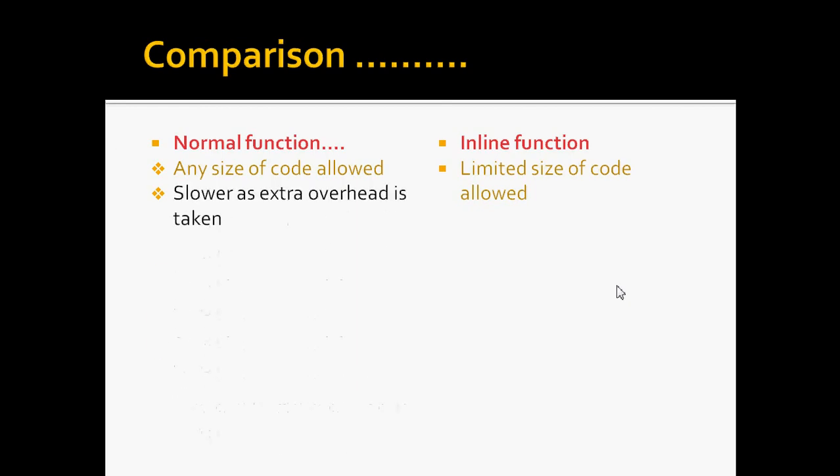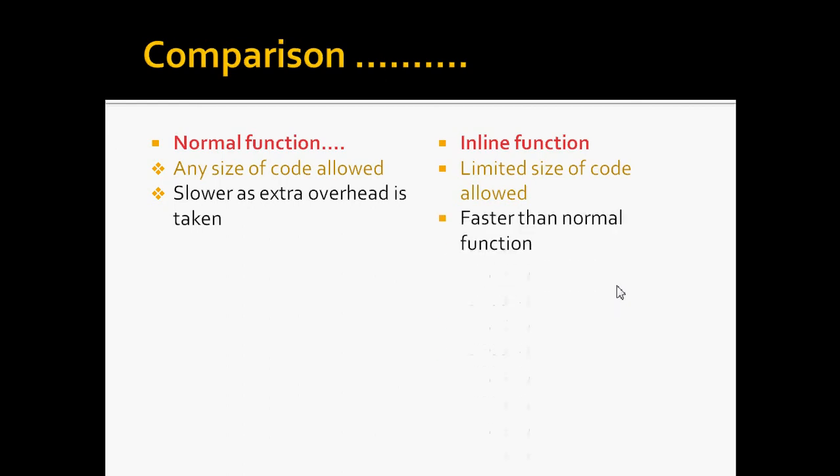Normal functions are slower as extra overhead is taken. As we have discussed, normal functions take extra overhead because when they are called, control first goes to the called function, all the calculations are done over there, and then control and results are returned back to the caller function.